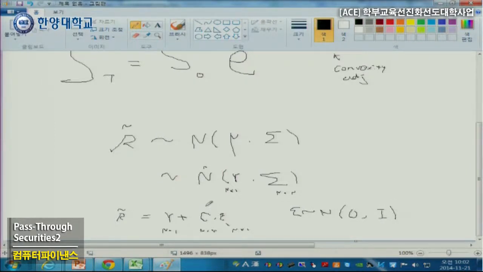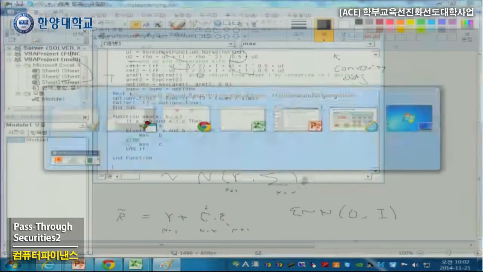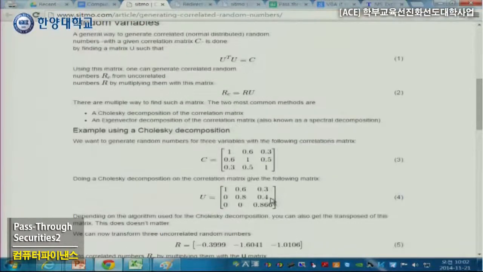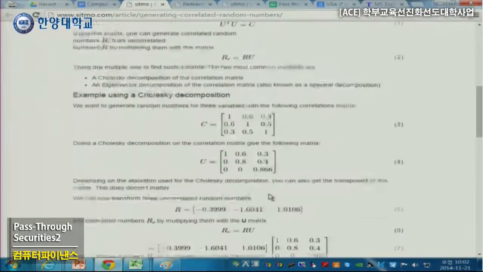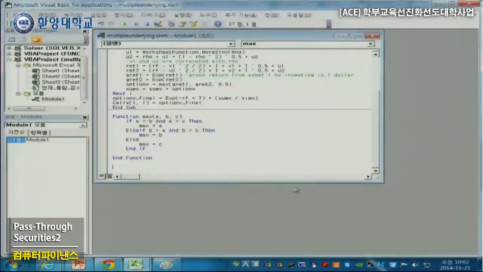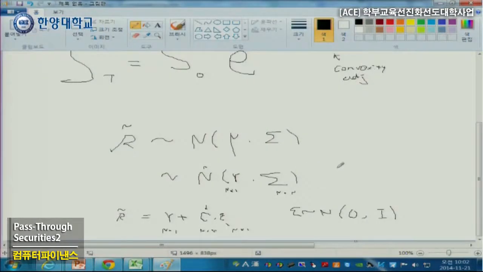And here, the important part is the C matrix. The C matrix is basically the Cholesky decomposition of this one. The notation is different, but anyway, C is the important part.